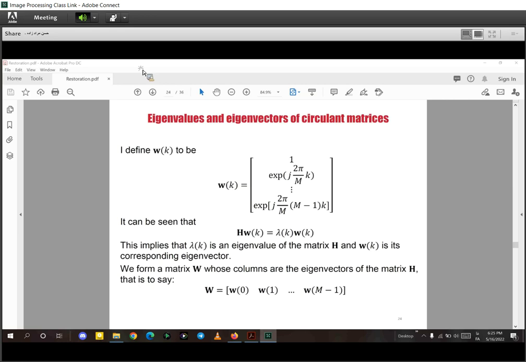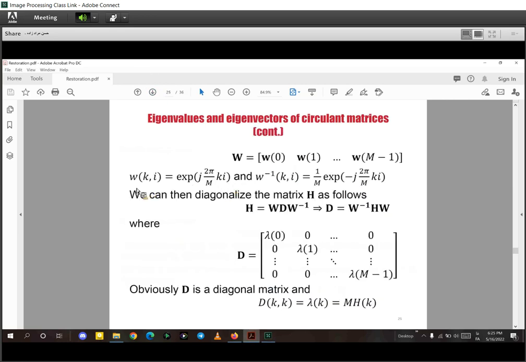That's to say, for example, W is W0 to W M minus 1. Next slide, continued. W is exponential, exponential j 2π over M k·i, where k is k1, k2, up to k M minus 1, for example.